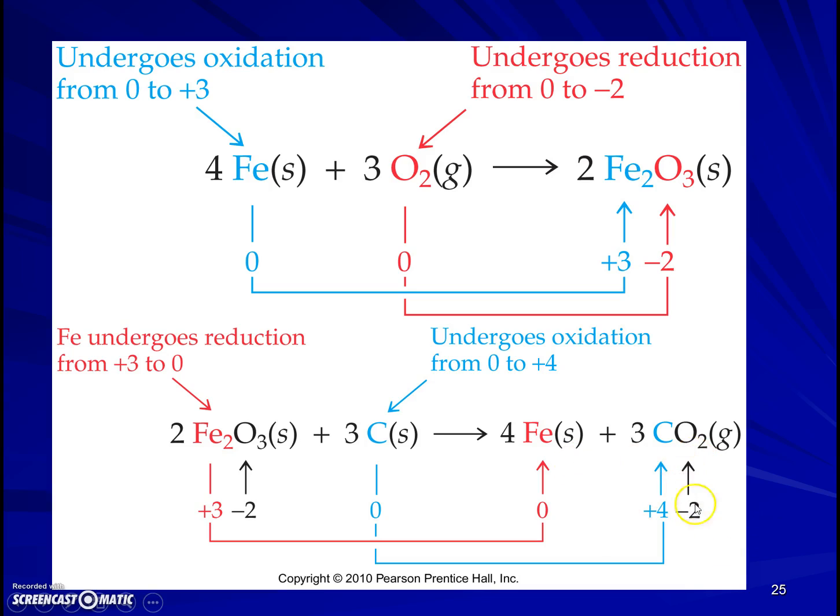And whenever oxygen is part of a compound where the compound's name doesn't have peroxide in it and there's no fluorine in the compound, then the oxygen is always going to be 2-, or have a -2 oxidation number. And that includes covalent compounds like CO2. So if the oxygen is -2 and there are 2 of them, that adds up to -4.